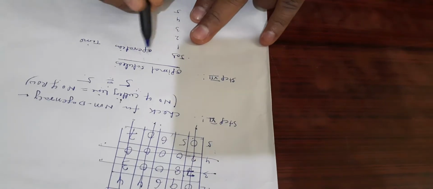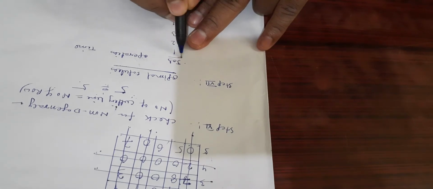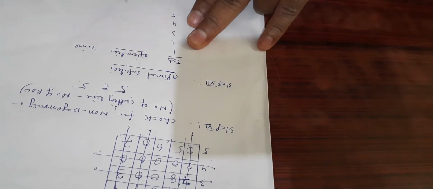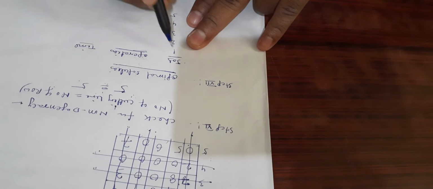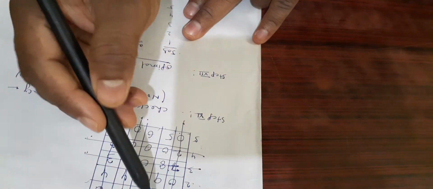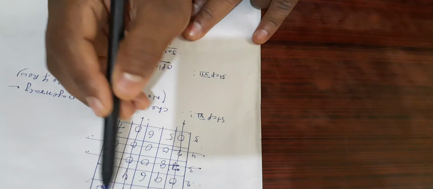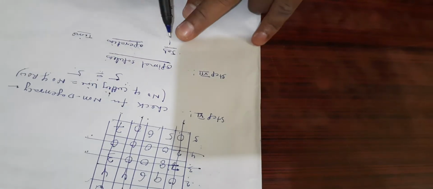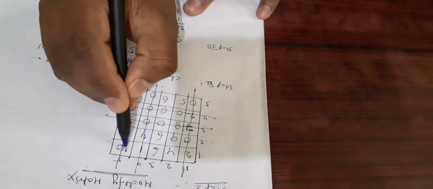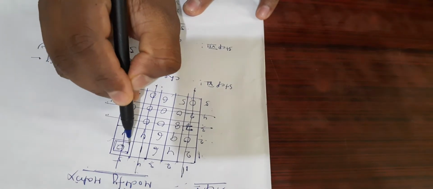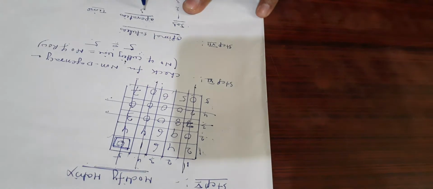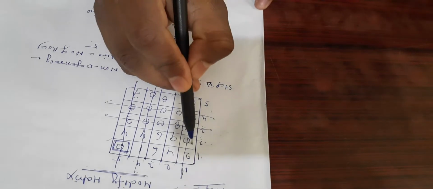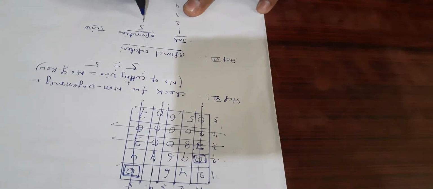So how to find the optimal solution? Here the job is given, the operation we have to find, and the time. Operations 1, 2, 3, 4, 5 and jobs 1, 2, 3, 4, 5. So for the jobs: first, take this 0, which means operation 5. Second, this 0 is operation 1.